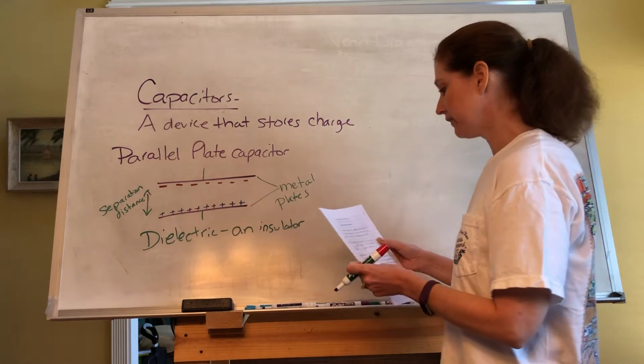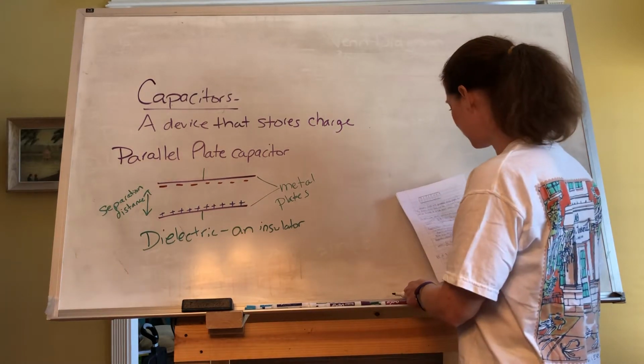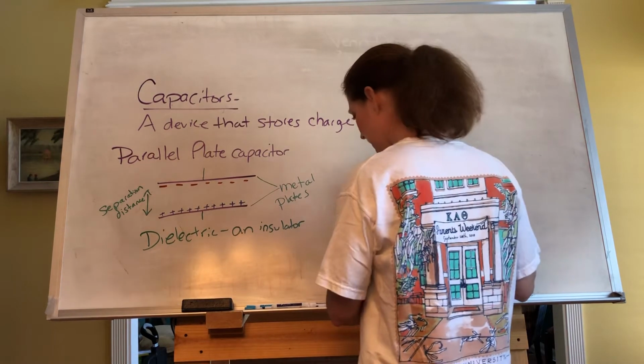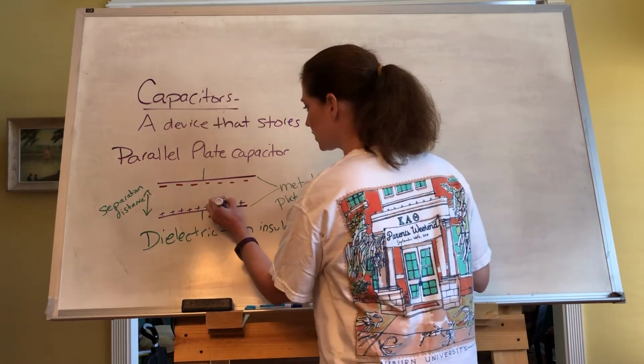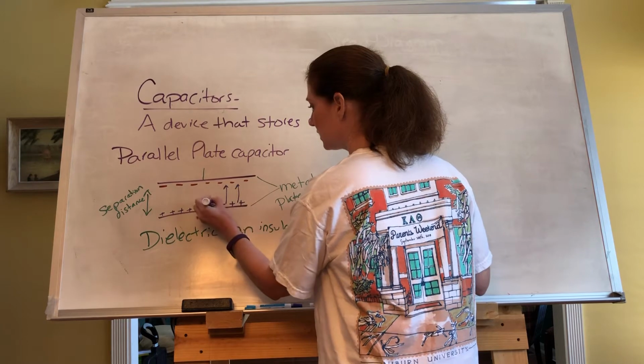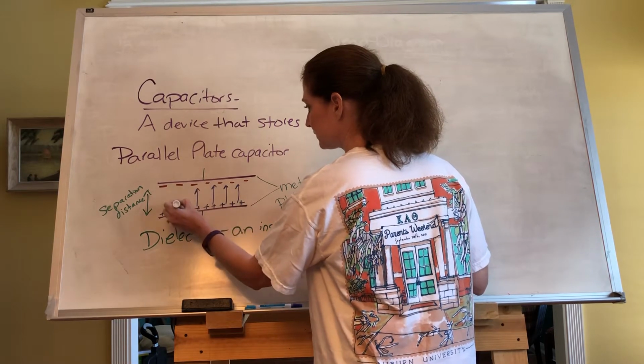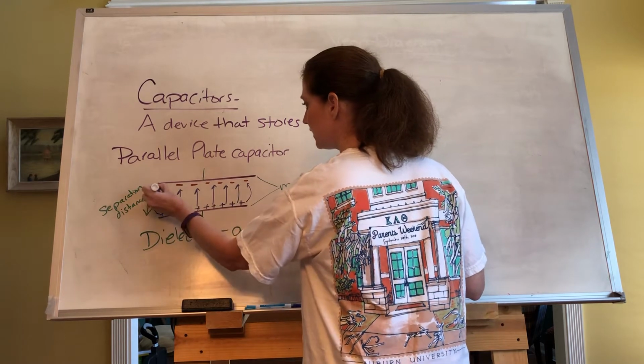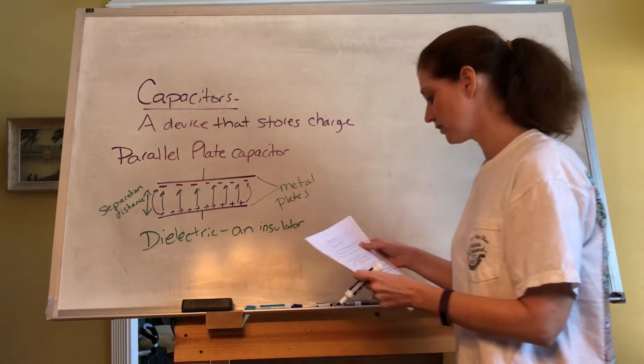All right. The electric field of a parallel plate capacitor is going to be these positive charges going to the negative side. Okay, so that field is going to stay contained right there.